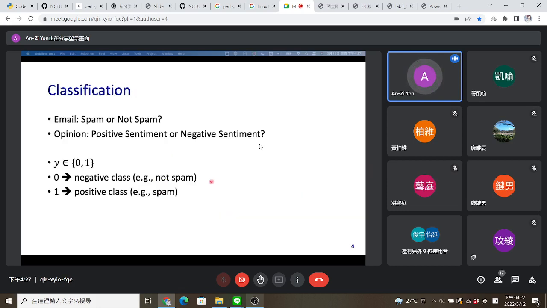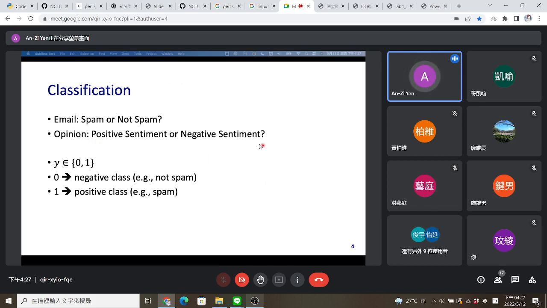Okay. So let's see some examples of classification problems in supervised learning, especially in the field of natural language processing. One example in natural language processing is email spam classification, which focuses on identifying whether an email is spam. Another example would be classifying users' opinions, like reviews of products that are posted online, and it would be positive sentiment or negative sentiment.